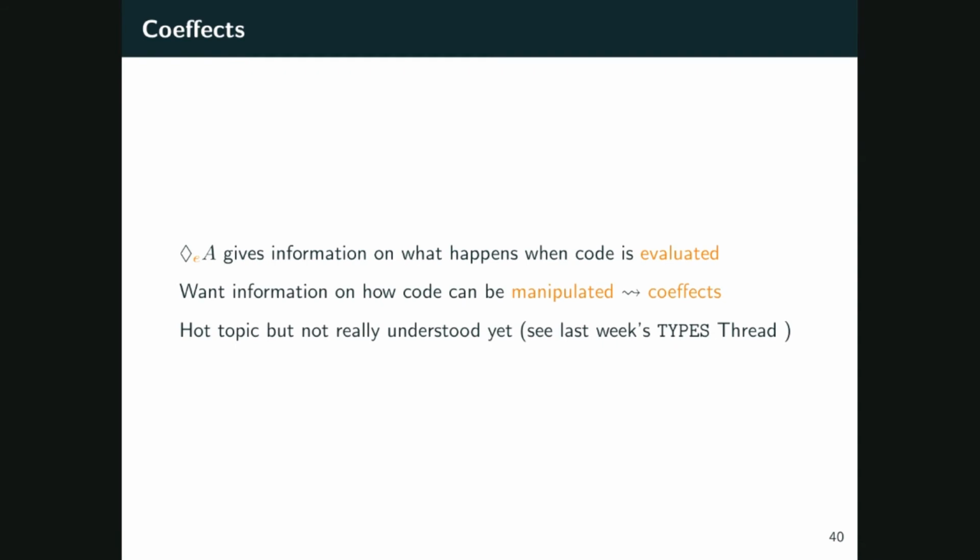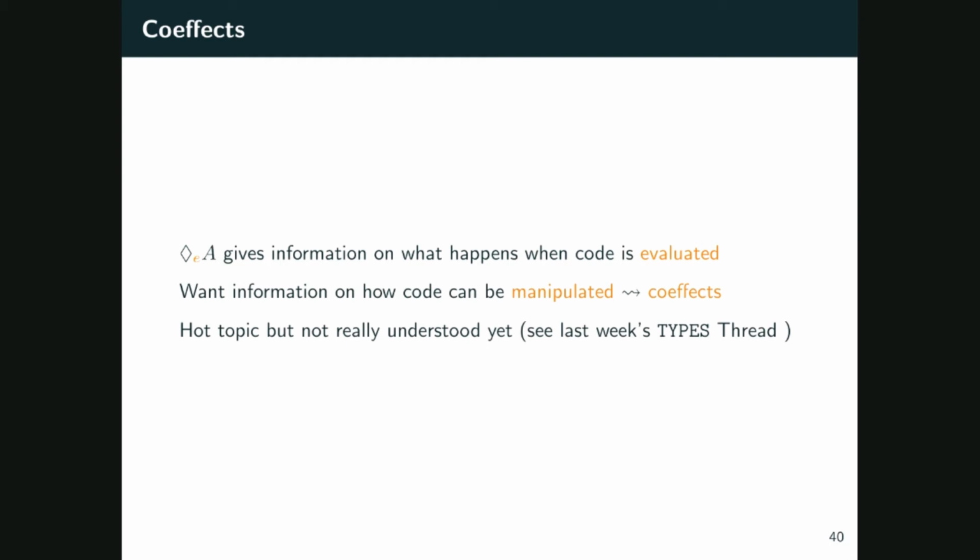So far we have considered type systems and equivalences which were concerned with what happens when we evaluate programs. But as we saw in the introduction, it is also interesting to look at equivalences where we also have information on what kind of manipulation we can make on code, right? And that directly led us to the notion of a coeffect.